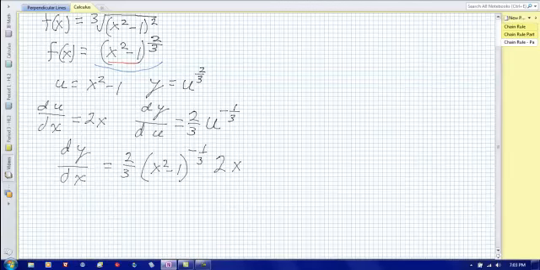It's not very pretty, so we've got to do a couple of things to make it look standard in a good way. So we can take this 2x and multiply it by the 2/3. So we've got 4x over 3. And this part right here has a negative exponent, so let's write that as a fraction.